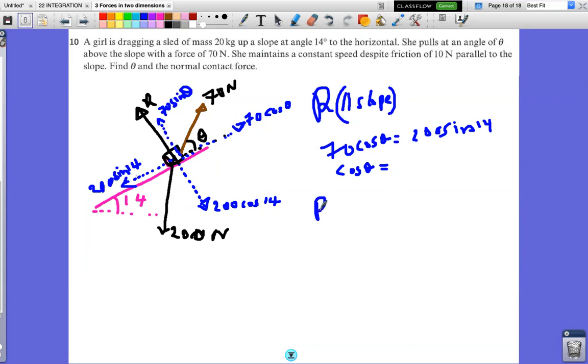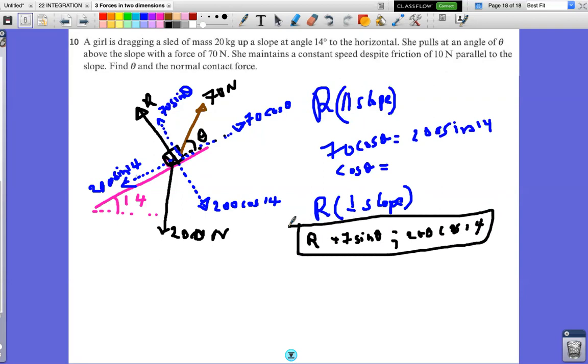Second, I will resolve perpendicular to the slope. Then I will have the normal contact force plus 70 sine theta equal to 200 cos 14. And since you already have theta here, you can solve for R here.